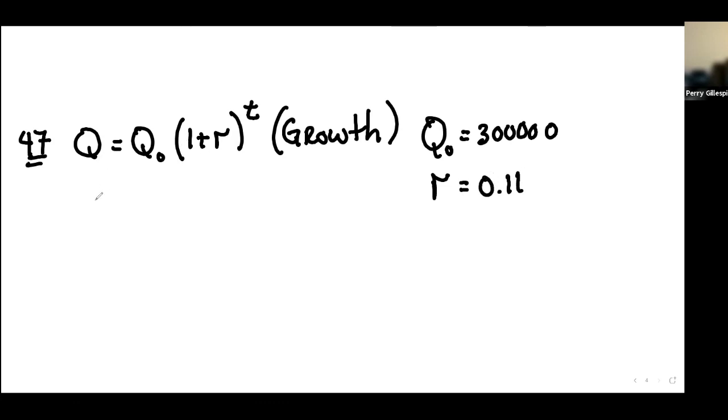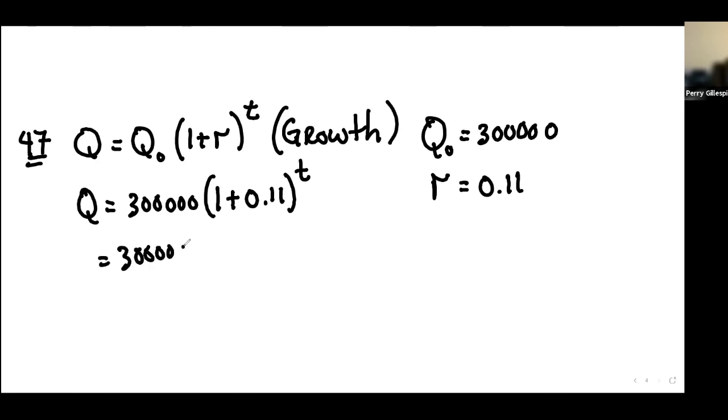So we can go ahead and say Q is equal to 300,000 times 1 plus 0.11 raised to the T, or simply 300,000 times 1.11 raised to the T power. This here is the value of Q. Now, the question at hand is what happens 17 years later.